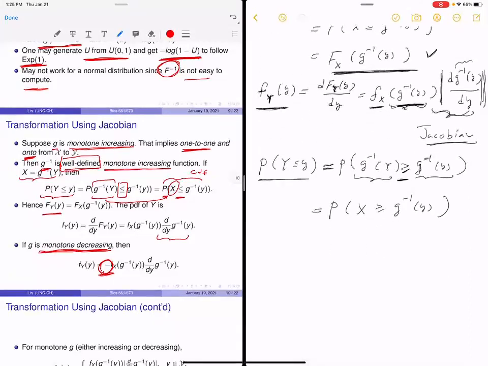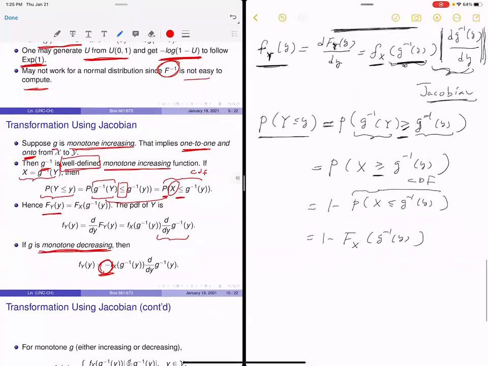Because it's bigger, it's not a CDF anymore, but the good news is it's 1 minus the smaller-than probability, which is what I used as a CDF. So I can write 1 minus F of G inverse of y.